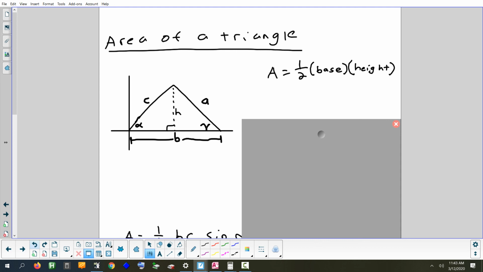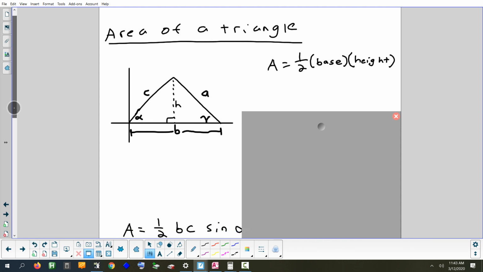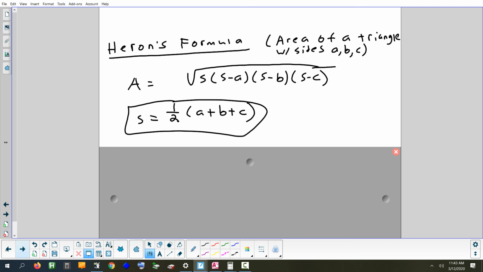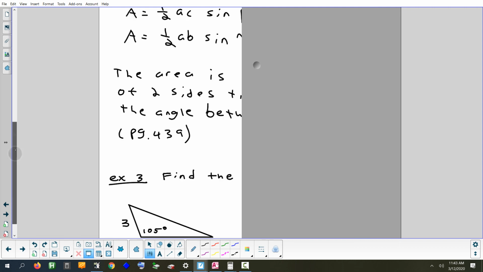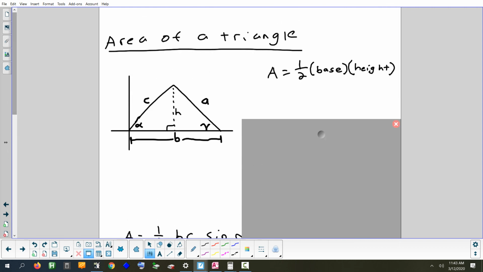That works great as long as you know the base and the height. But if I give you a triangle like this, you know the base is 12, but you don't know the height. The height's not 3, because that's slanted. The height would be straight up and down.